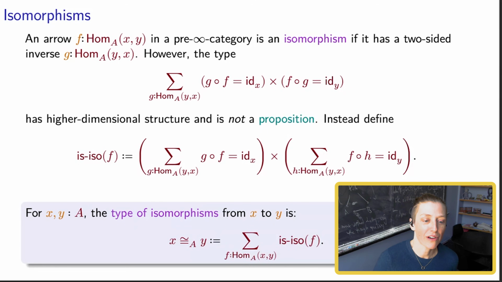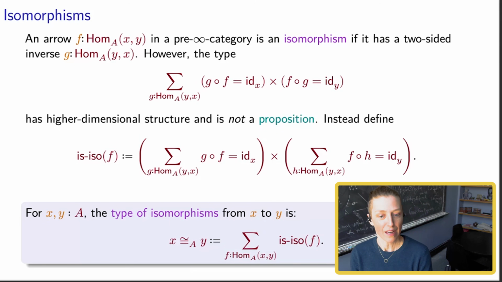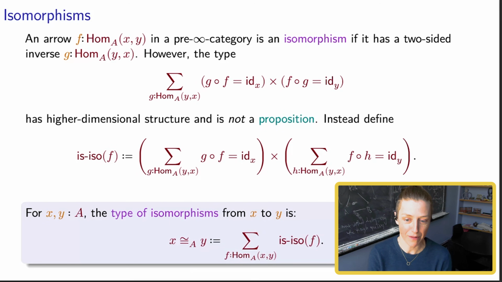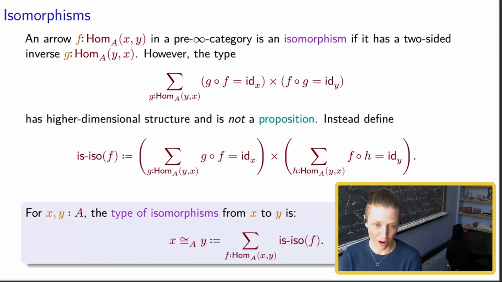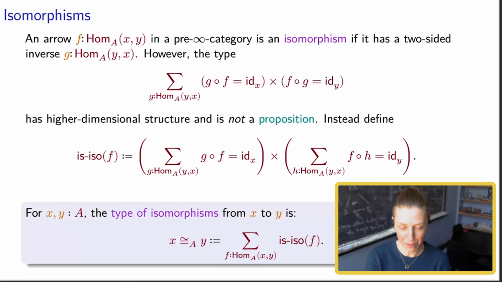In particular, given 2 terms in a type, I can define the type of isomorphisms. In a pre-infinity category, the type of isomorphisms is defined in this way. It's the type of arrows from X to Y that are isomorphisms, meaning there exists an arrow G from Y to X so that the composite G composed F is the identity, and then there's a separate arrow H from Y to X so that the composite F composed H is also the identity.